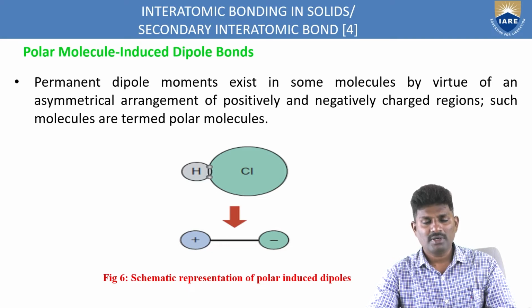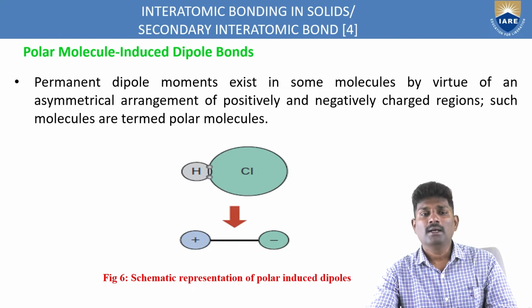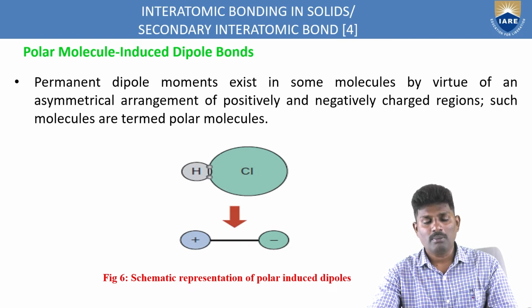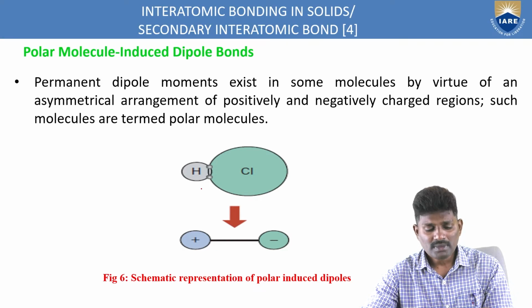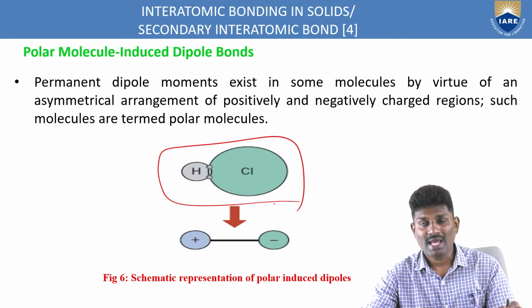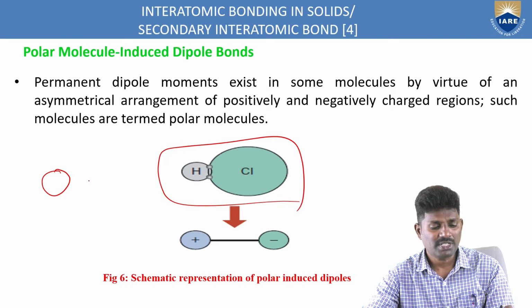The third one of secondary bonding is the polar molecule induced dipole bonds. So in this case, what is happening here? A permanent dipole moment exists in some molecules by virtue of asymmetrical arrangement of positive and negative charges. Here it is asymmetric in nature. You're not having the same shapes of the two atoms when you compare H and Cl.